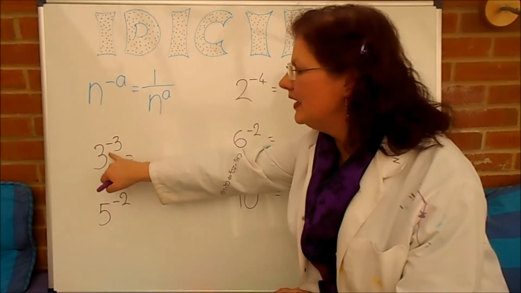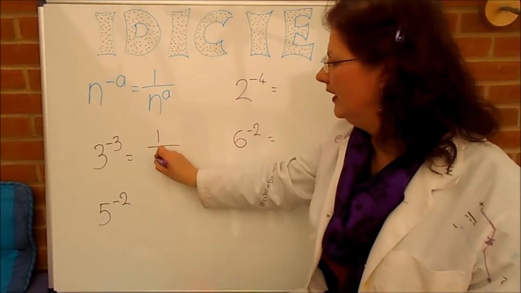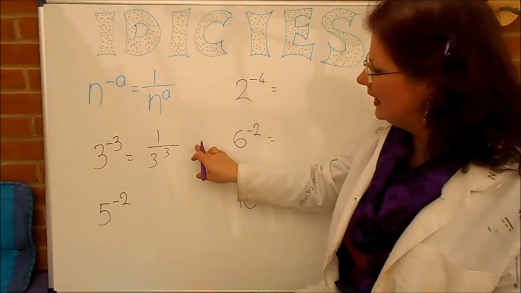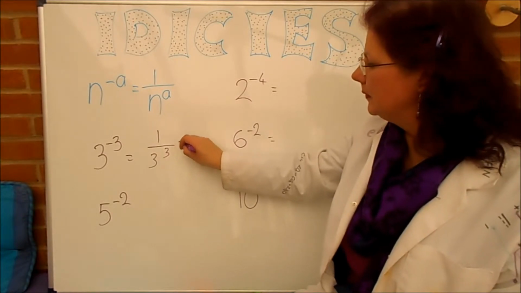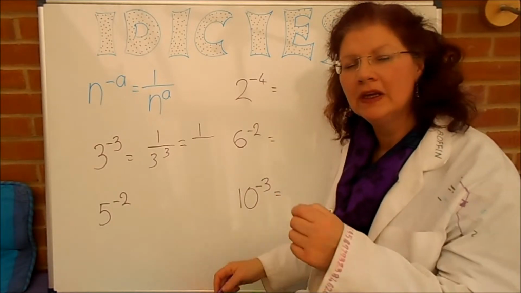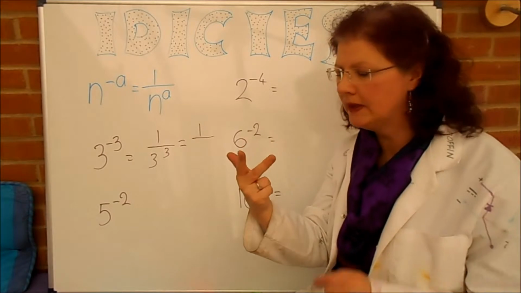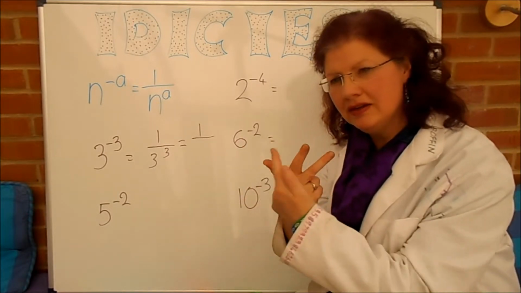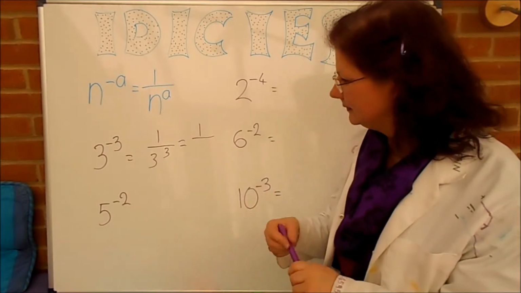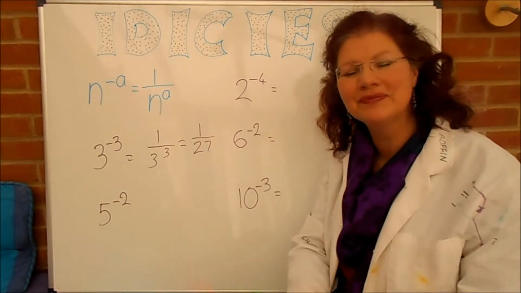Let's turn that into a normal kind of fraction. 1 over, so we want 3 to the power 3. So that means 1 times 3 times 3 times 3. 1 times 3 is 3, times 3 is 9, times 3 is 27. So that is 1 over 27.